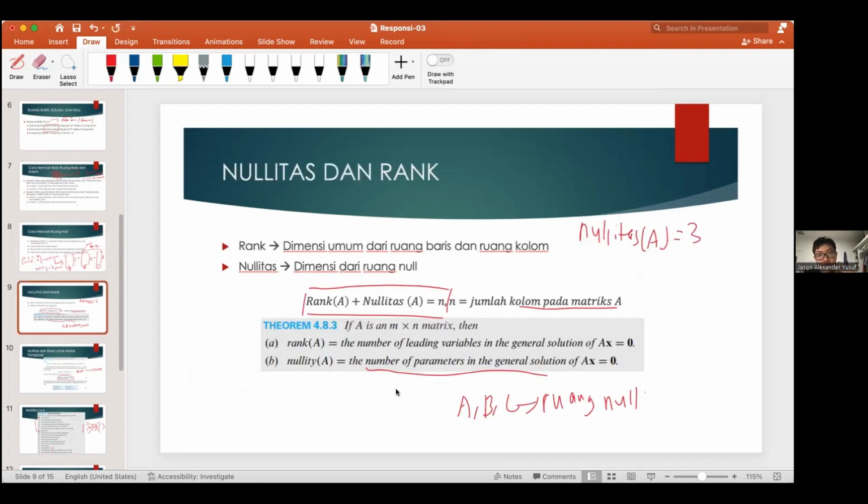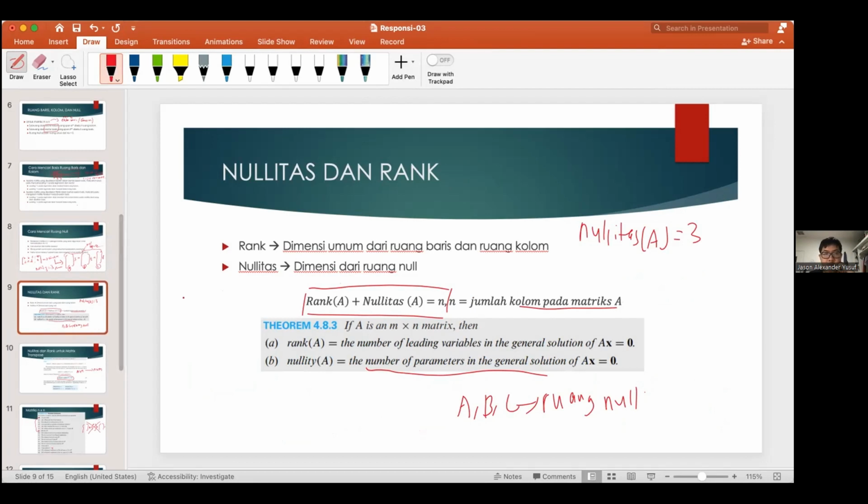What is the rank? Well, basically the rank is the common dimension of the row and the column. However, we have this beautiful formula over here to make it simple for us.